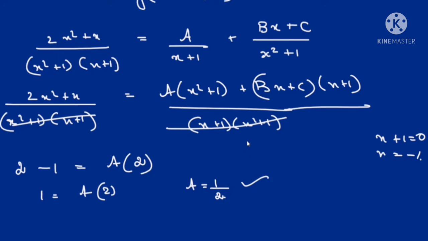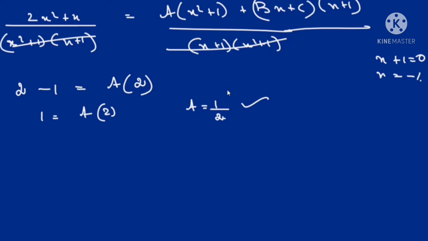So now we have to find the other constants. We don't have any other factor. We found one constant, we have to find b and c. How do you find? Equate the coefficient of x square on both the sides. Highest term you take, it will be easy. So highest term is x square. Here also it is x square.